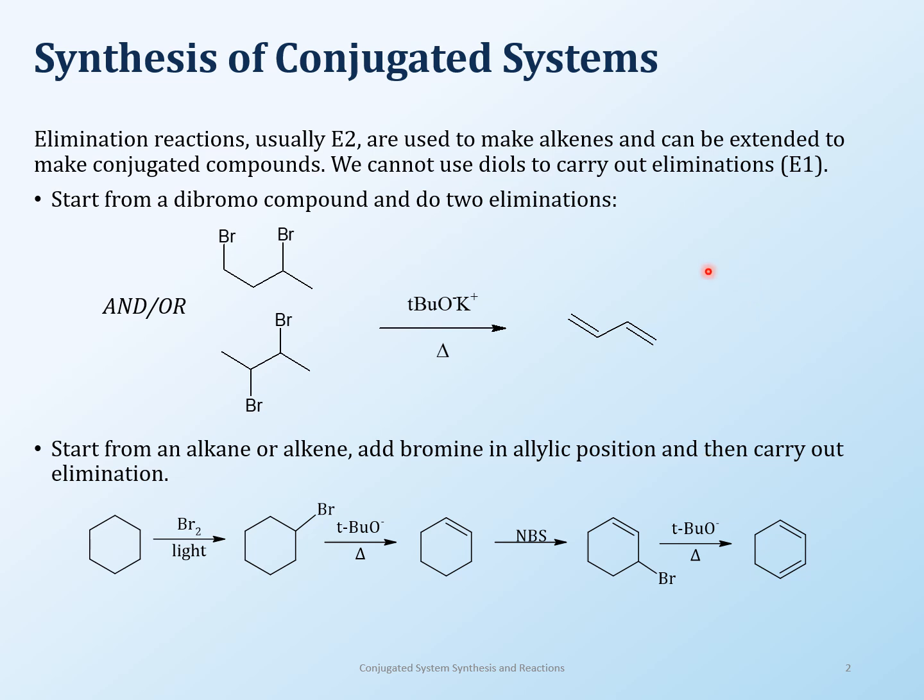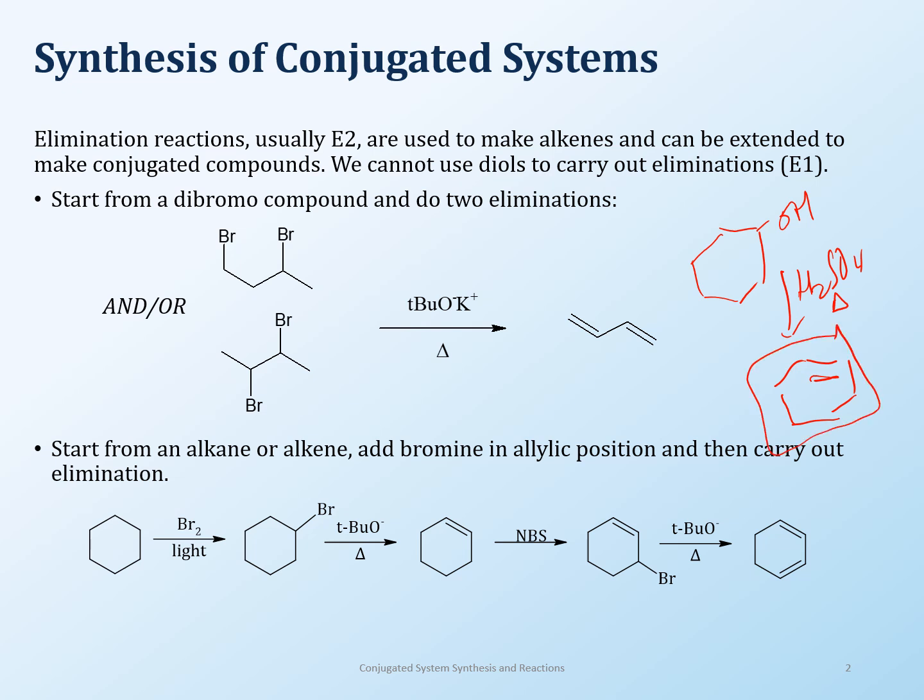Now, you cannot use alcohols for these kinds. So for example, if you did have cyclohexanol to start with, sure, you can do the dehydration on that, and that will give you something like this.